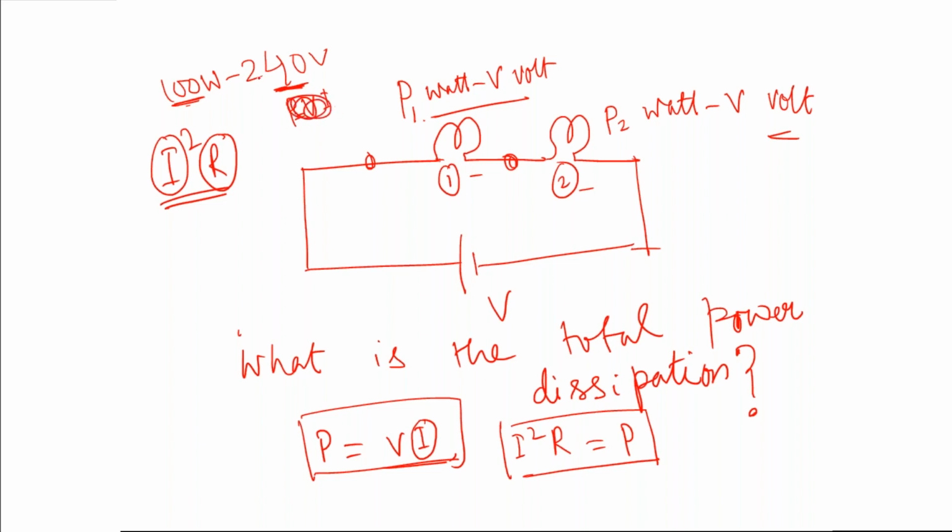Or if I know power and voltage, I can find out the resistance. Using this formula, R is P by I square, and I square I can replace, since I know only V and P. Suppose this is P1, what is the resistance R1? I is actually P by V, so V square goes up.